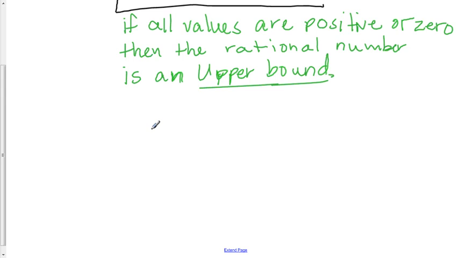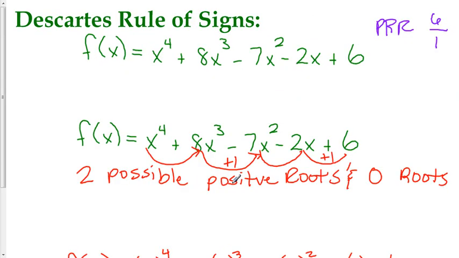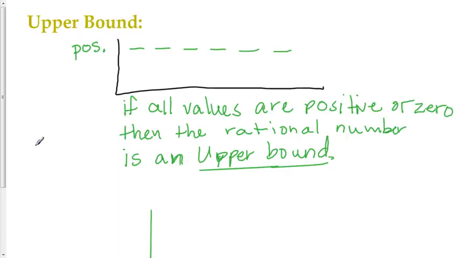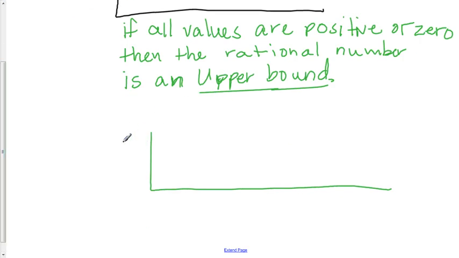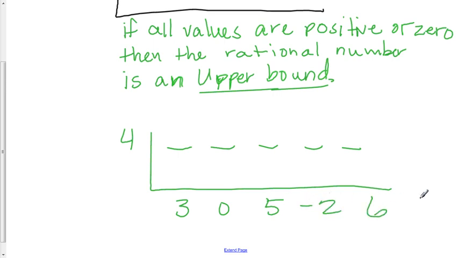So looking back at that example where we had the possible rational roots for this as factors of 6 over factors of 1, well, if you did that, and you tried some number on the outside and say it's a 4, and you got values in here, then if this alternates, so like 3, 0, 5, negative 2, 6, that alternates because the 0 can become positive or negative.